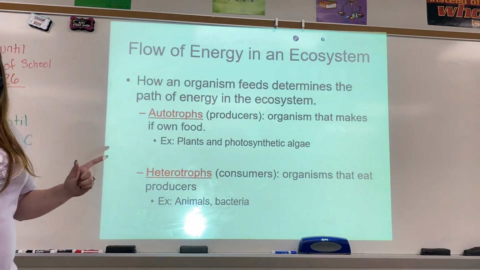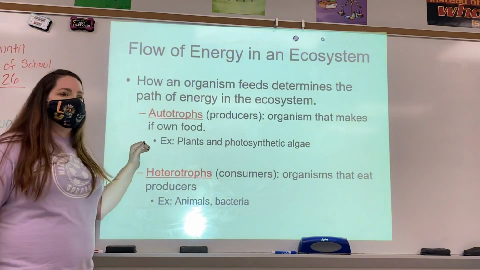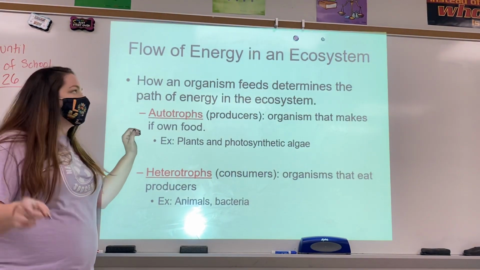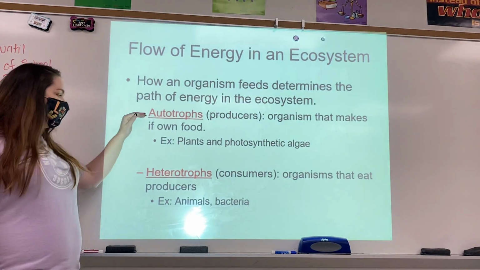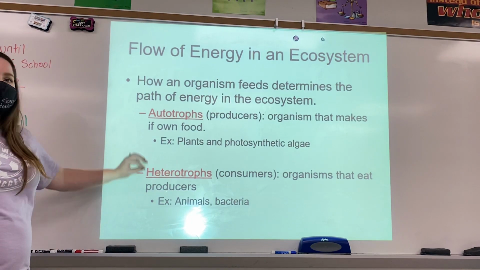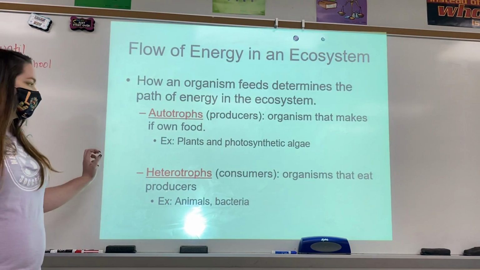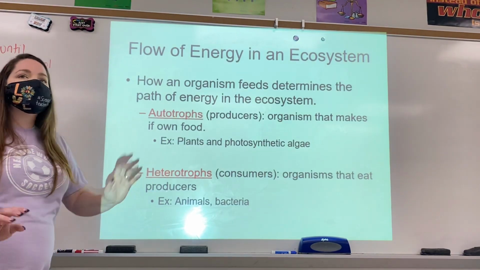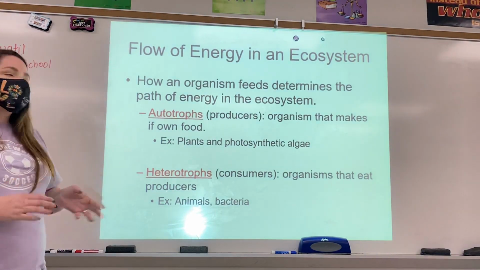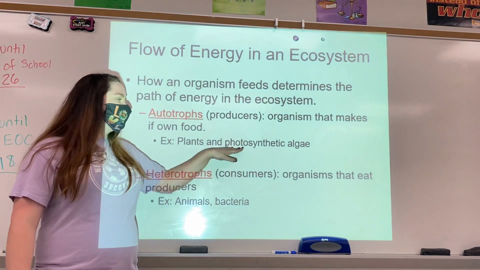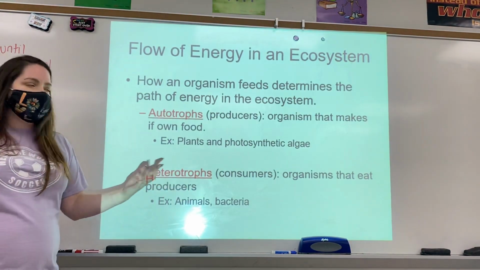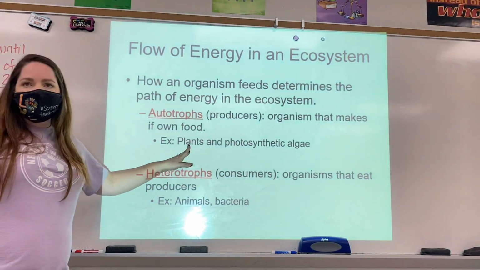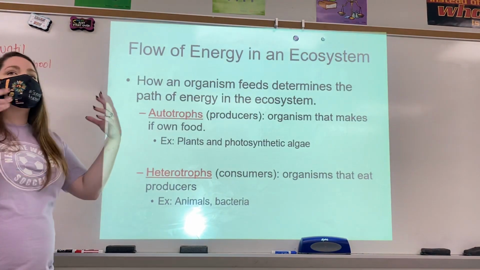Two factors that play a role in the cycling of energy are autotrophs and heterotrophs. You may have already heard these words. Just to recap, autotrophs are producers. They are going to produce energy. These are going to be your plants and any kind of photosynthetic algae, but usually it's plants. So plants are going to produce what?